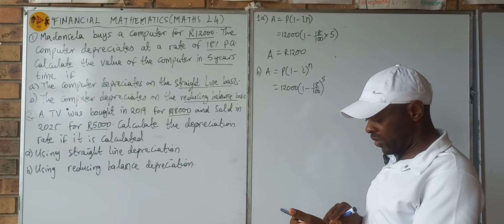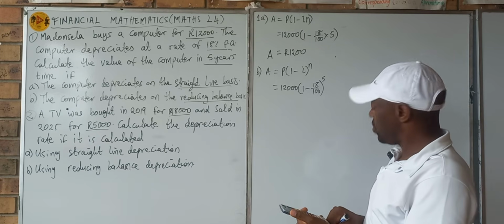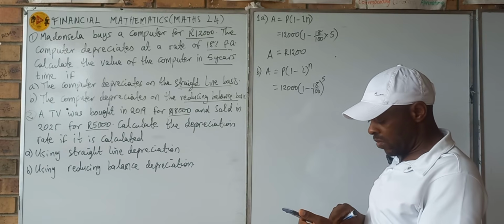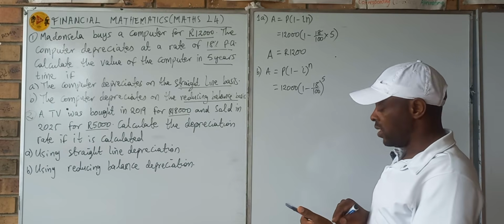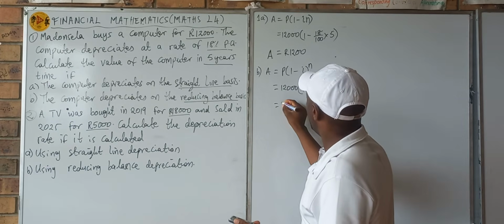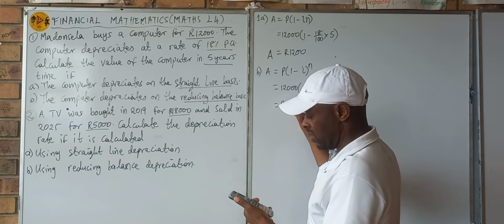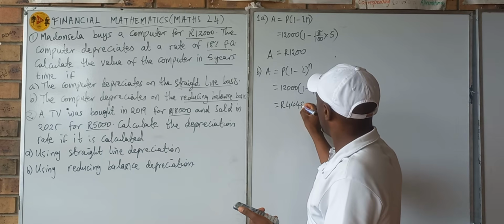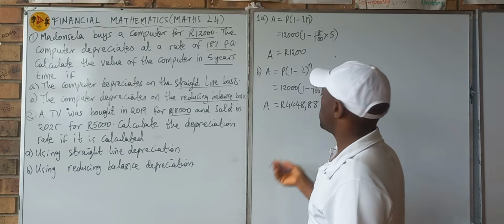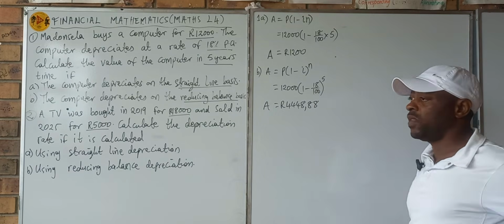I get 12,000 into 1 minus 0.18, raised to the power 5. This gives me a value of 4,448.88. So that's how simple it is for the first example.